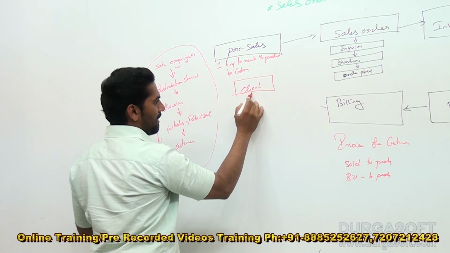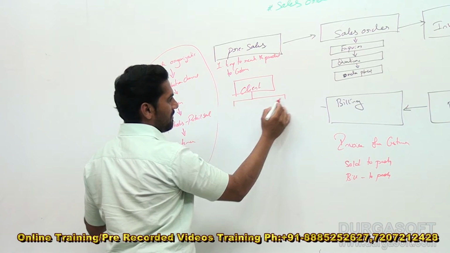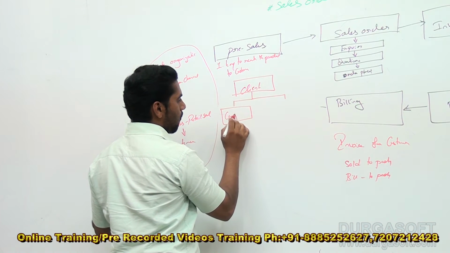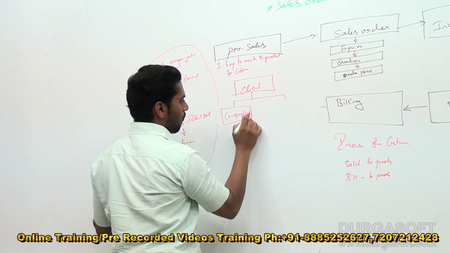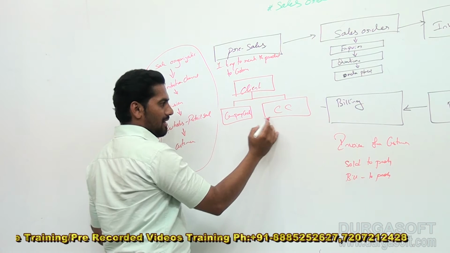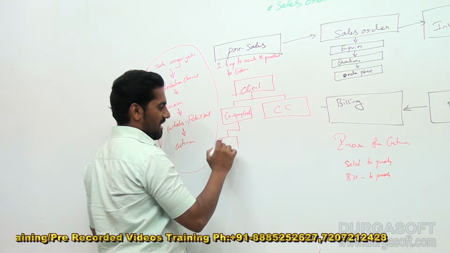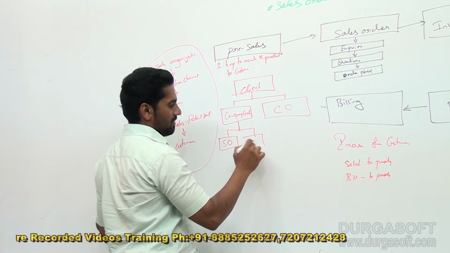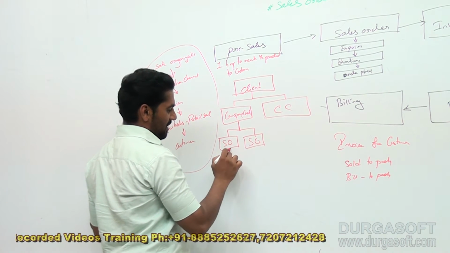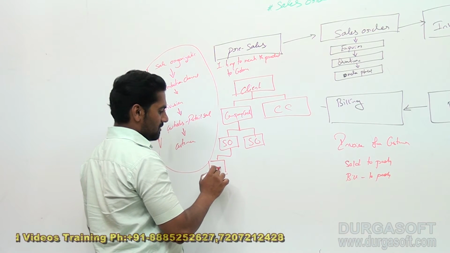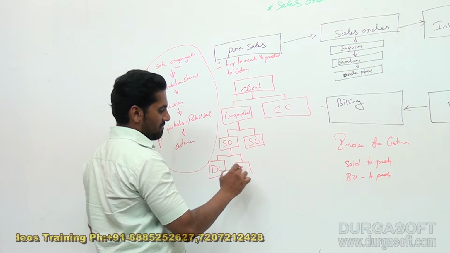The client may have different company codes. Again, the company will have different sales organizations. For each and every sales organization, we may have some distribution channels.